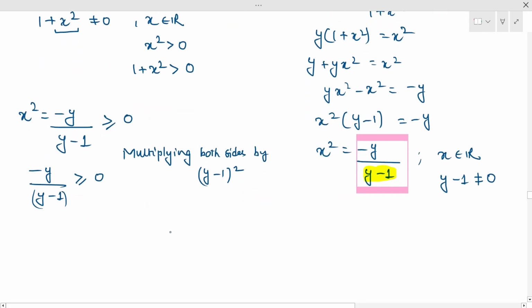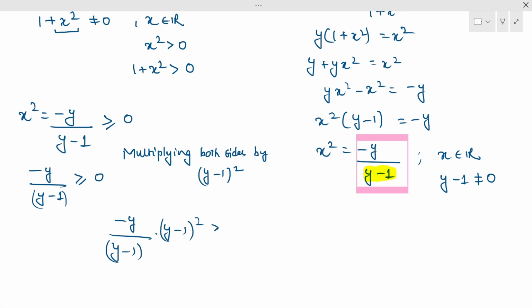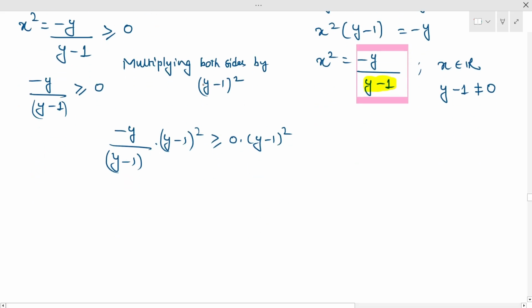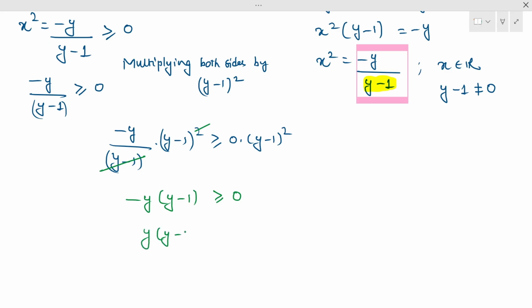If I multiply both sides by y minus 1 square, what will we get? 0 times anything will be 0, and this will get cancelled out. So it is negative y times y minus 1 is greater than or equal to 0, right? And if I transpose the minus sign, the sign will change to less than or equal to.